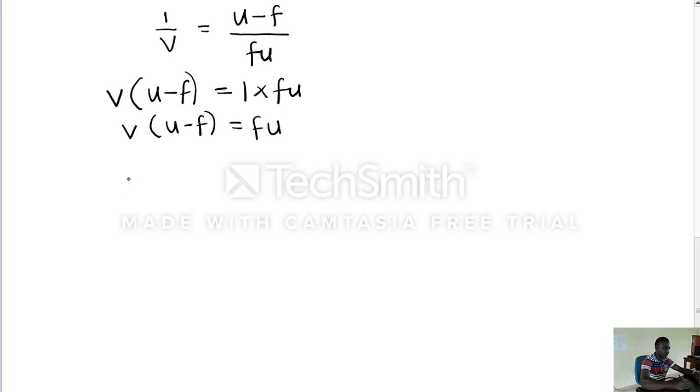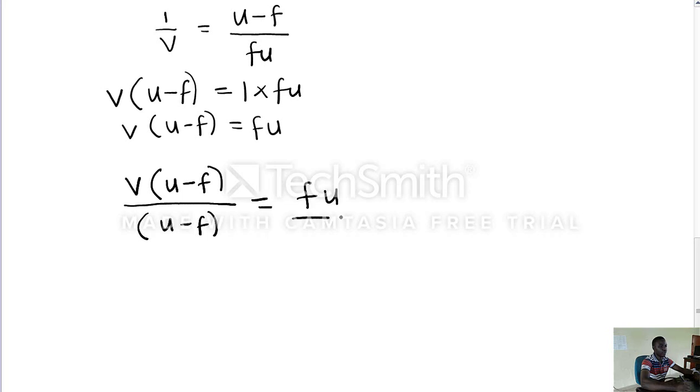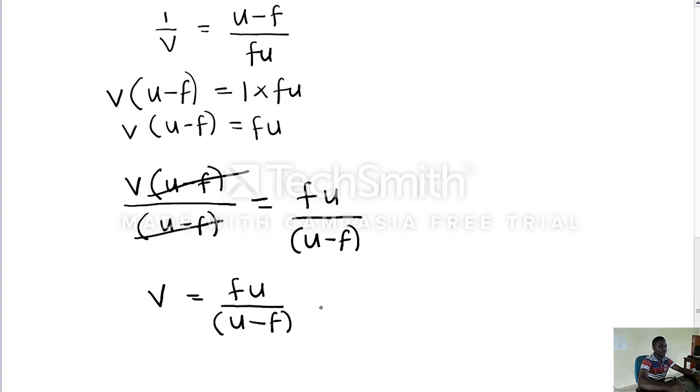So this is going to be v into u minus f divided by u minus f is equal to fu divided by bracket u minus f, and this will cancel this, leaving us with v is equal to fu divided by u minus f. With this, we have made v the subject of the formula.